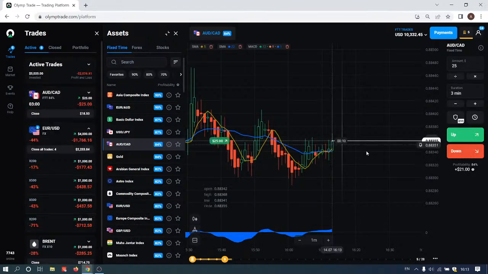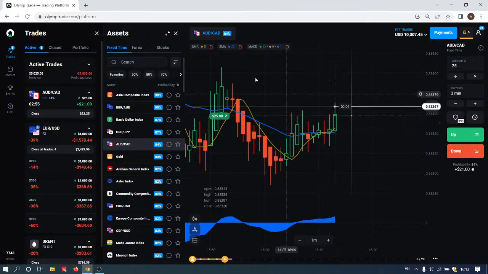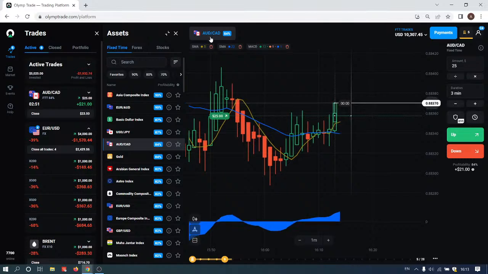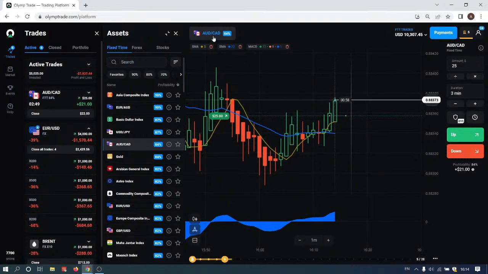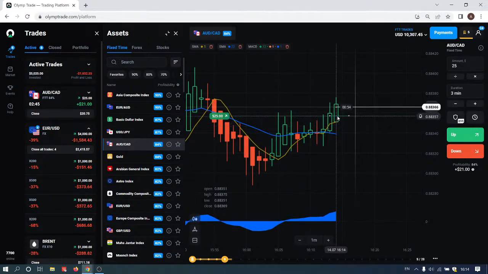So this is going to be my first trade today. That's a currency pair called AUD CAD, the Australian dollar against the Canadian dollar. And this trade that I've just opened is in the upwards direction because we have this crossing: the yellow line crosses the blue line in the upwards direction.